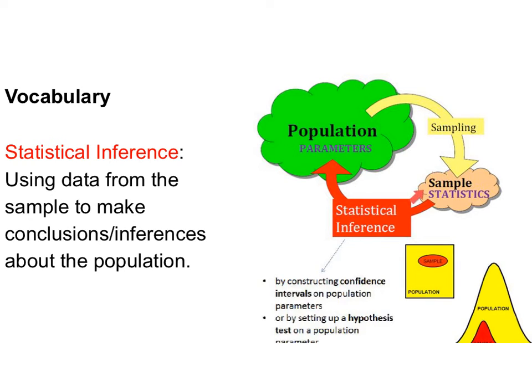So we make conclusions about this sample and make an inference back to the entire population. There are two ways we do this. We construct confidence intervals, and we're eventually going to be doing hypothesis testing. This video is going to begin our discussions about building these confidence intervals.